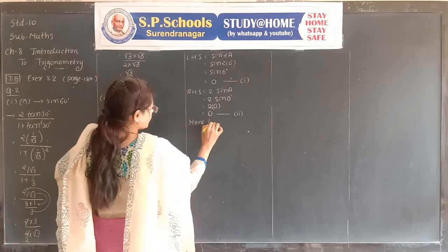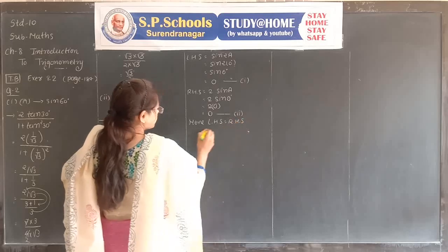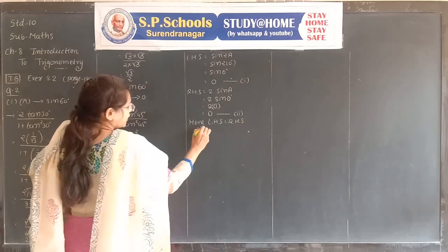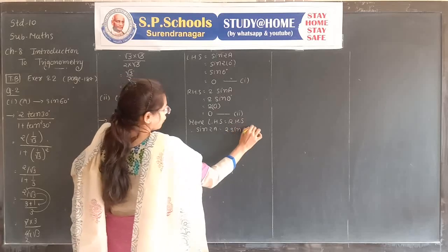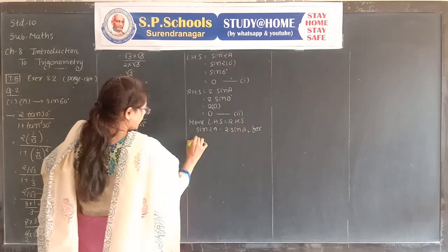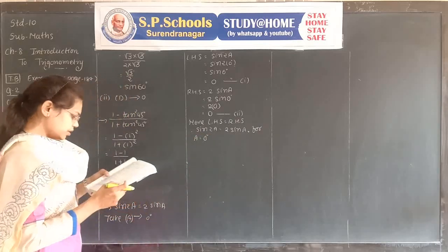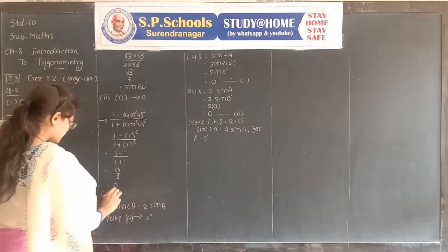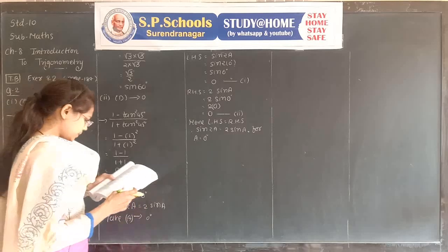Here LHS is equals to RHS. That's why sin 2A is equals to 2 sin A for A is equals to 0 degree. Now option number A is the correct option. Option A is 0 degree.